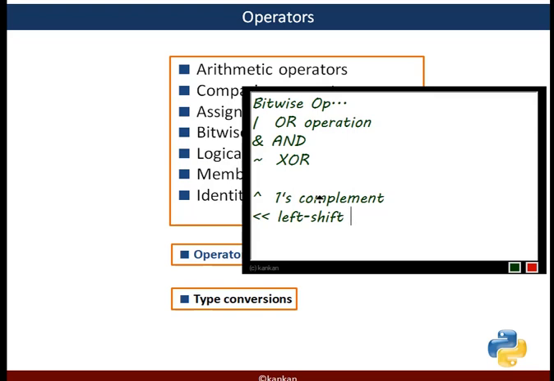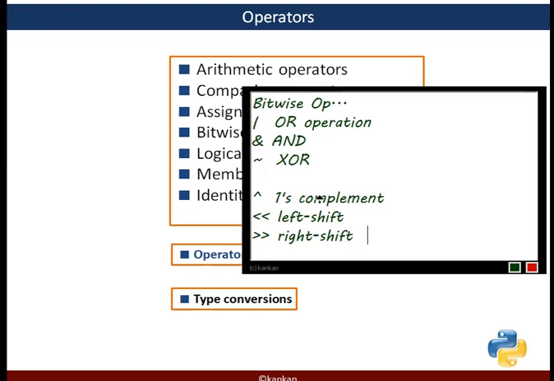The left hand side operand bits are moved left by the number specified on the right hand side. Similarly, this is the right shift bitwise operator.